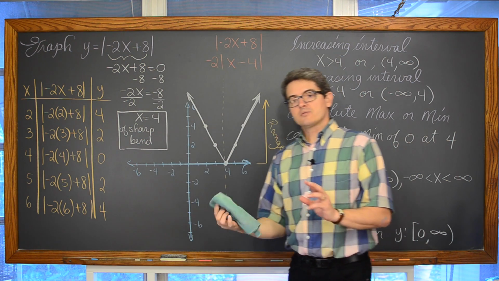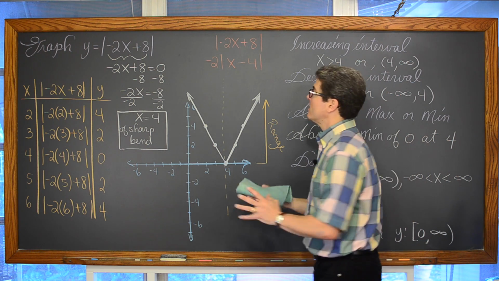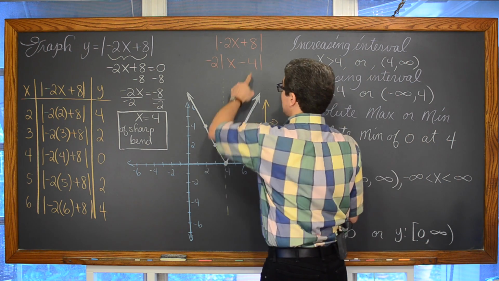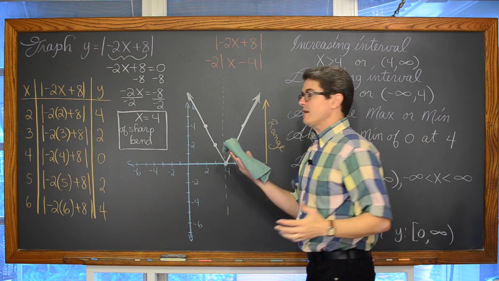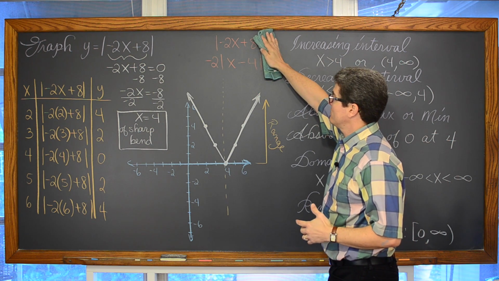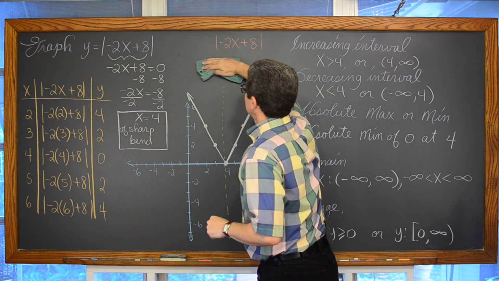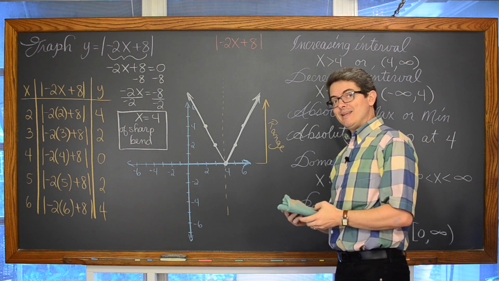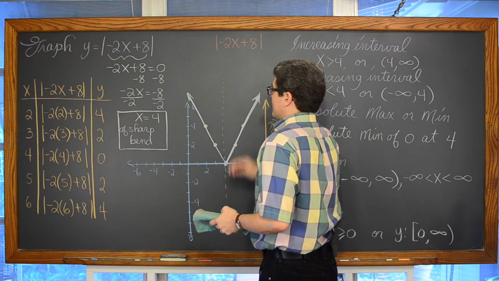These absolute value symbols are not just a grouping symbol. They're a mathematical function, an operation that needs to be done. And we basically just took the -2 right out of there and never applied that absolute value function to it. You want to leave your -2x plus 8 in that absolute value function, and just leave it like that.